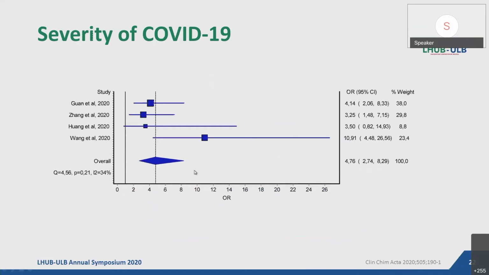And finally, this meta-analysis is found in different other papers. It was performed by an Italian team, the team of Plebani, showing that indeed there is an odds ratio of about 5 of severe forms of COVID-19 in patients with high levels of PCT.